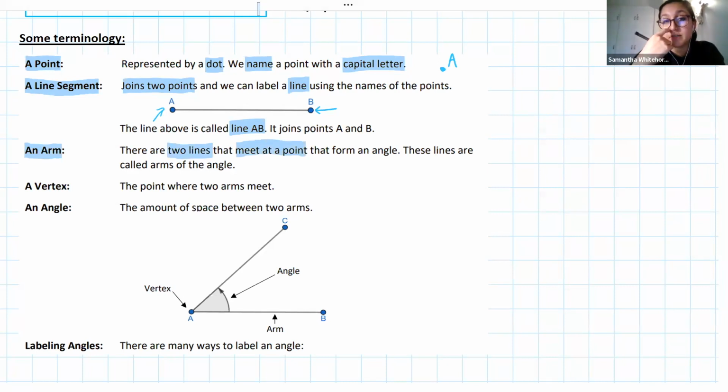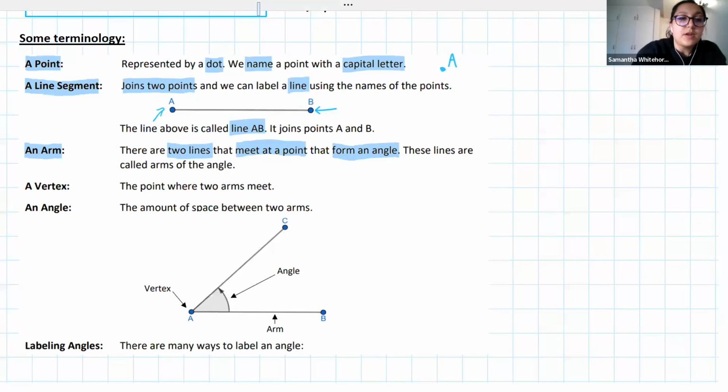We call that point a vertex, forming an angle. So the arms of an angle are the 2 line segments that create an angle. If we look at this diagram down at the bottom, we've got arm AC and arm AB creating the angle in between them. So arms create angles.